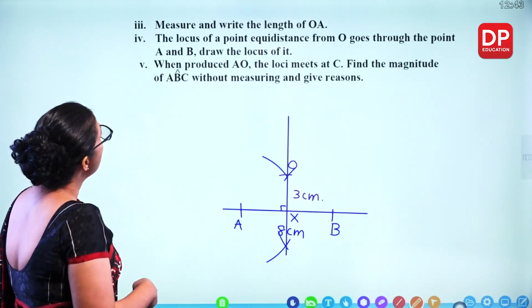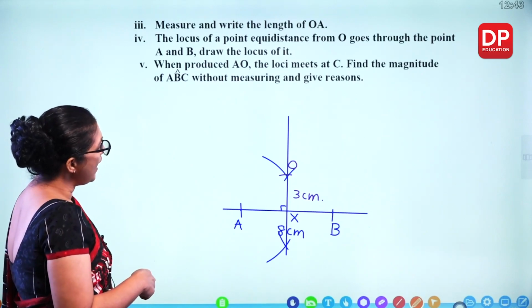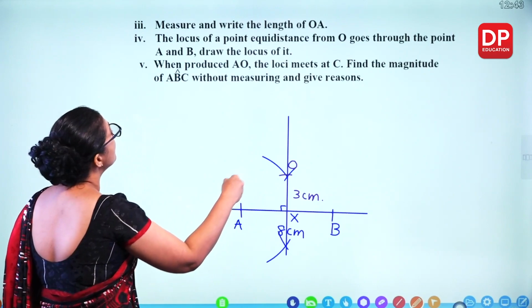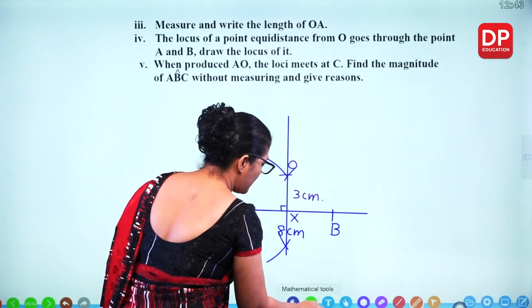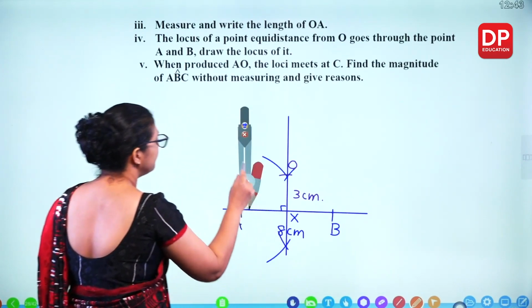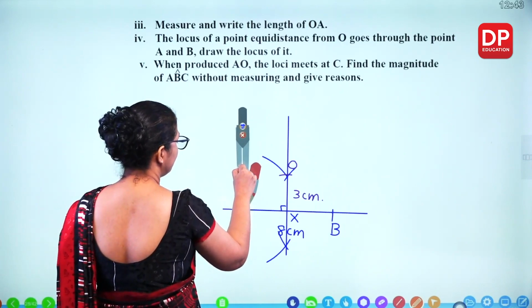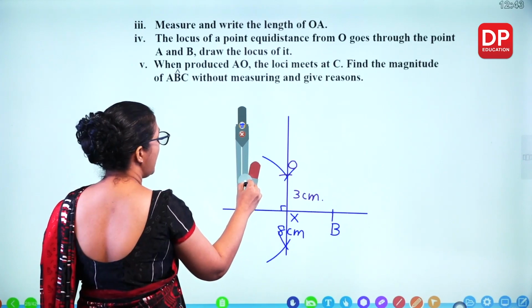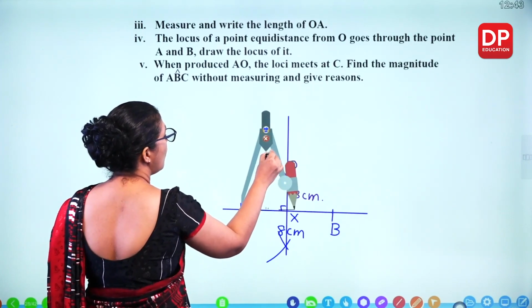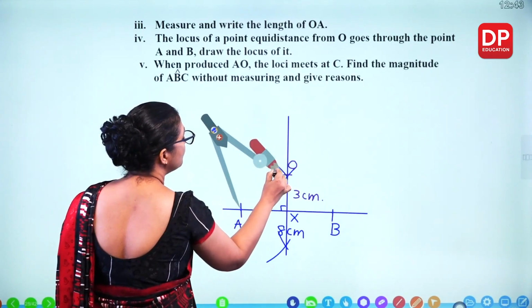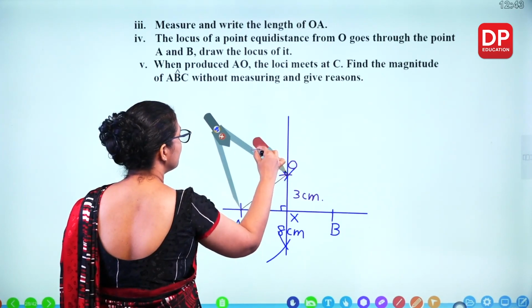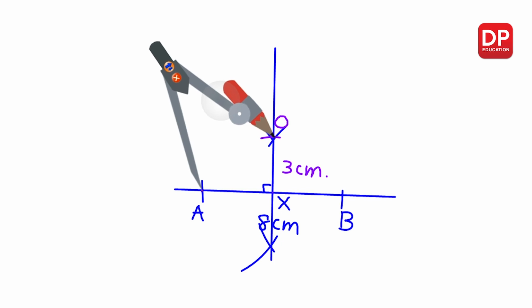Part 3. Measure and write the length of OA. This one. So here you can take the compass. Keep the compass on top of A and O. So this length.